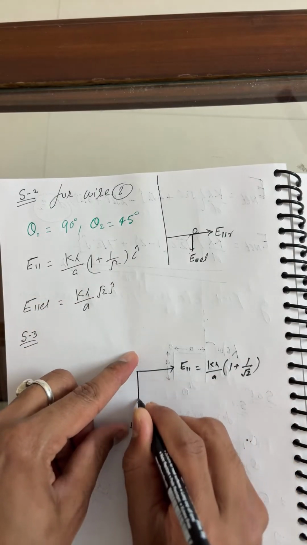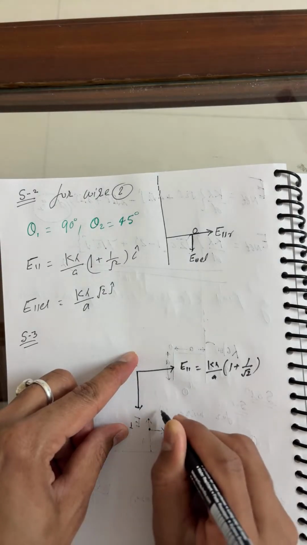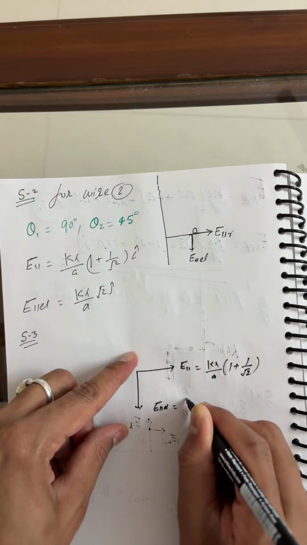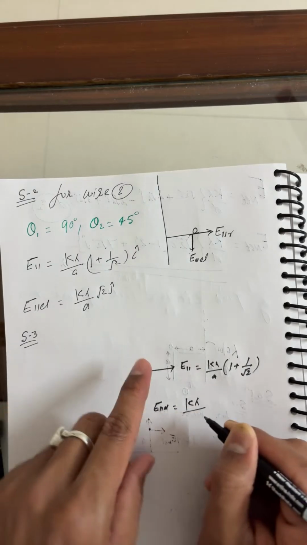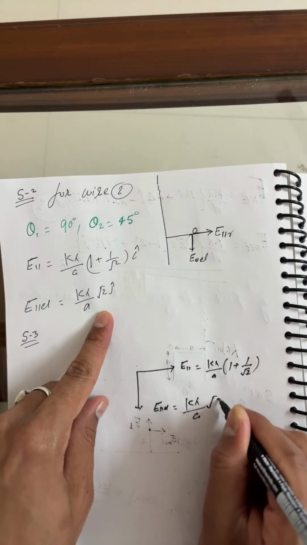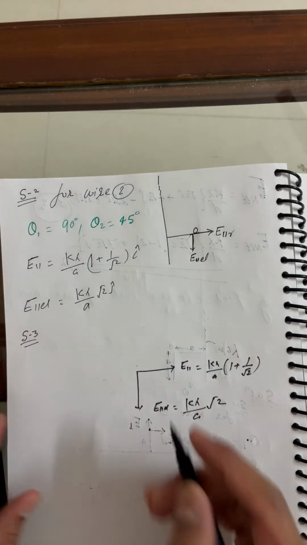For this wire, the parallel component is K lambda by A into root 2. This is finished.